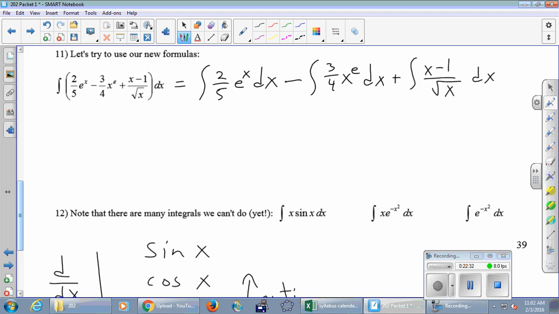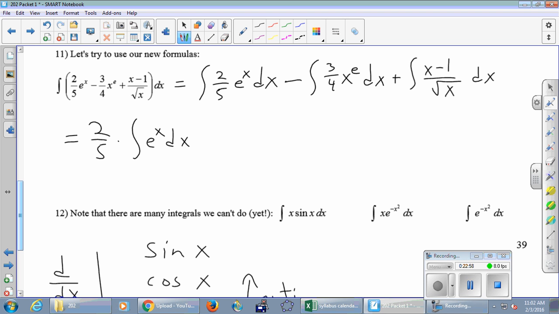Okay, the next property I want to use is the bottom right one. If you have a constant multiplied by a function, you can bring that constant right outside of the integral. So what's coming in front of that first integral? 2/5, and it's going to get multiplied by the integral of e to the x dx. And the reason we're breaking this down in all these steps is so that we get to one of the few things that we can do an integral of.